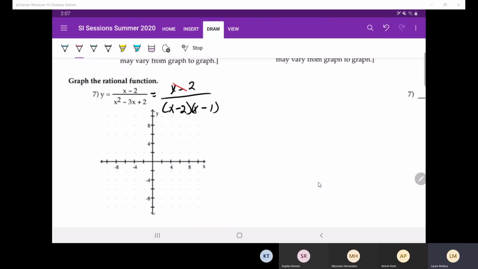So now that's your equation. Keep in mind, you have a hole at, I scratched out the wrong one.